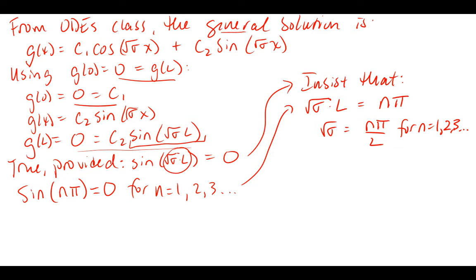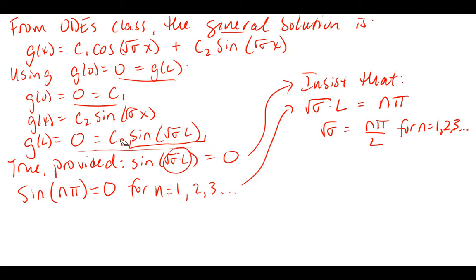Okay, so we're ready for a solution, believe it or not. G, the general solution: we eliminated the C1. We said that's got to be 0. So the cosine piece is gone. G is now just the sine piece, with a constant in front of it. I actually still don't know what C2 is, because all I'm saying is that I don't want to make C2 always 0.